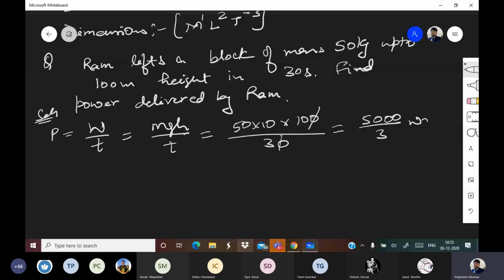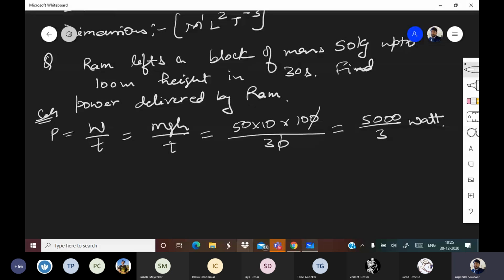There is one more unit of power, a commercial unit, and that is called horsepower.